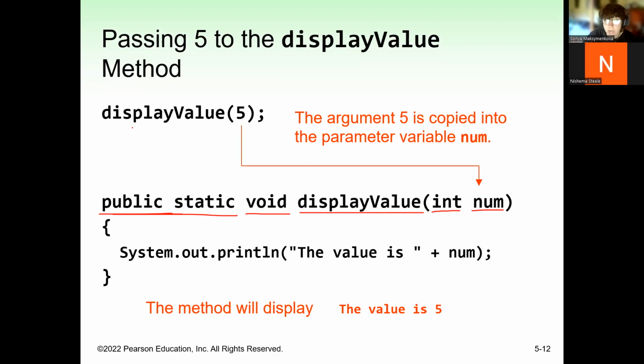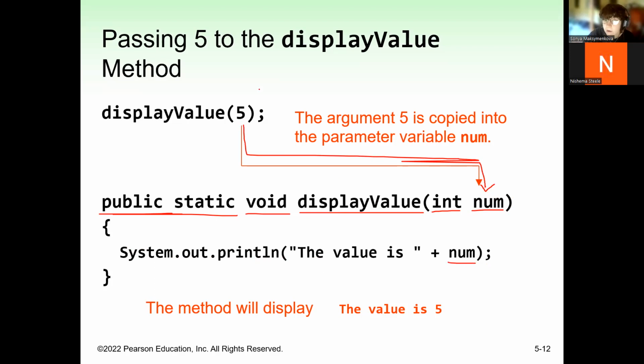And then whenever we actually call this method, you can see that we're passing a 5, right? So display value, we're passing a 5, and that 5 will automatically know that it needs to go right here. And then after this, let's see where the num is. System.out.print, the value is, oh, here's our num.